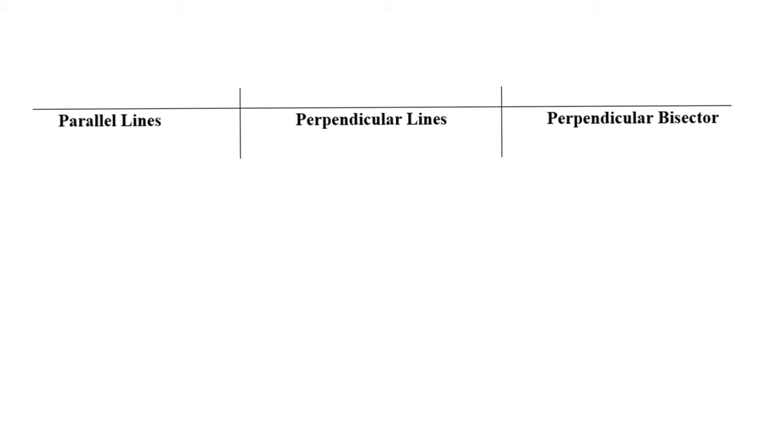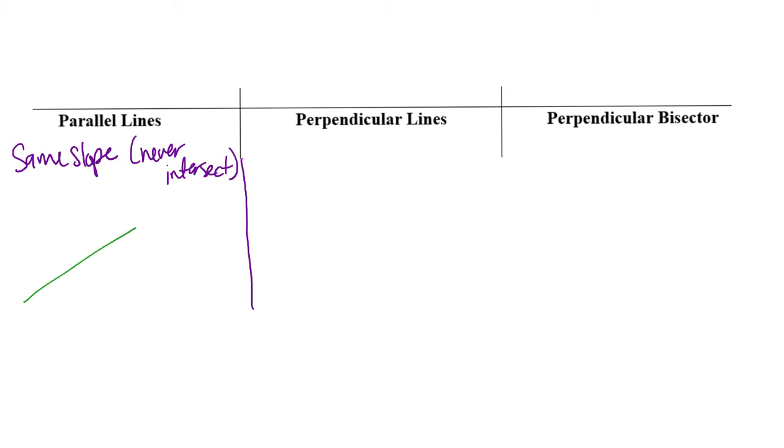I know most of you have talked about parallel lines before, so you know that parallel lines have the same slope and they never intersect. So if we were writing that or drawing it out, we'd have a line here, line L, and line M. To show that they are parallel, we're going to draw arrows on them.